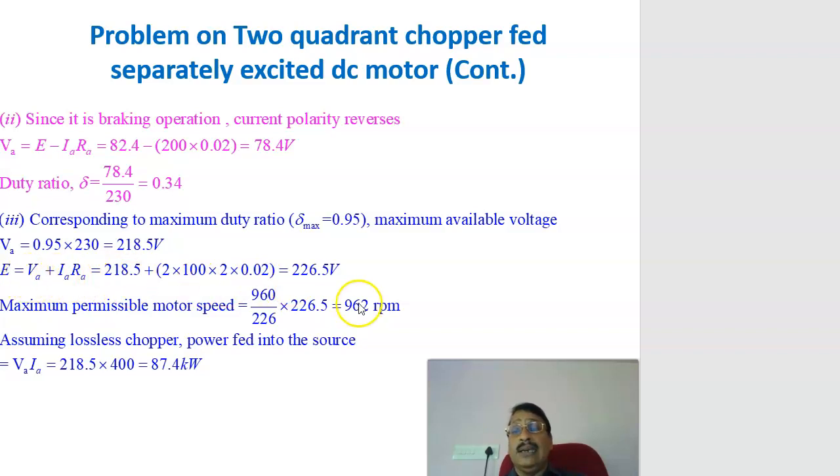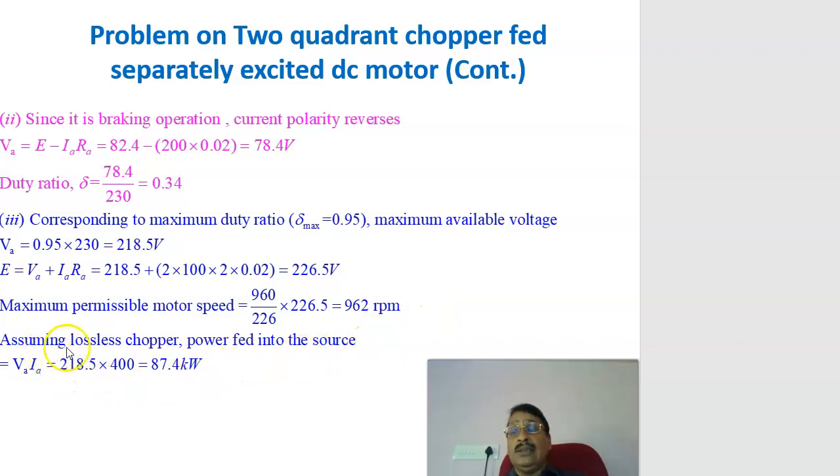You will get the back EMF equal to 226.5 volt. Therefore, the maximum permissible speed corresponding to this back EMF can be calculated, and it's equal to 962 rpm. This is the speed corresponding to the maximum duty ratio, 962 rpm.